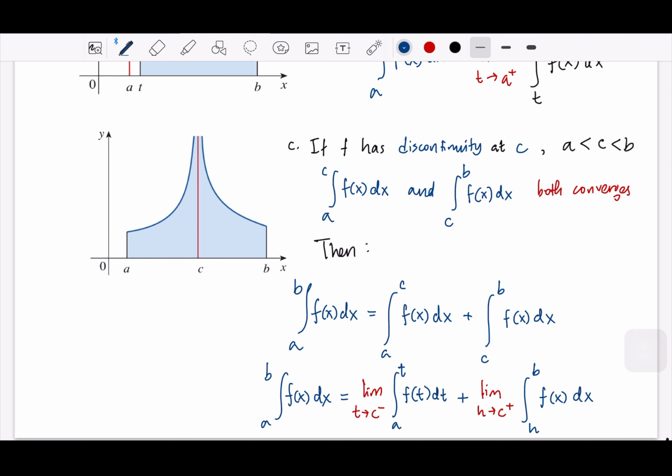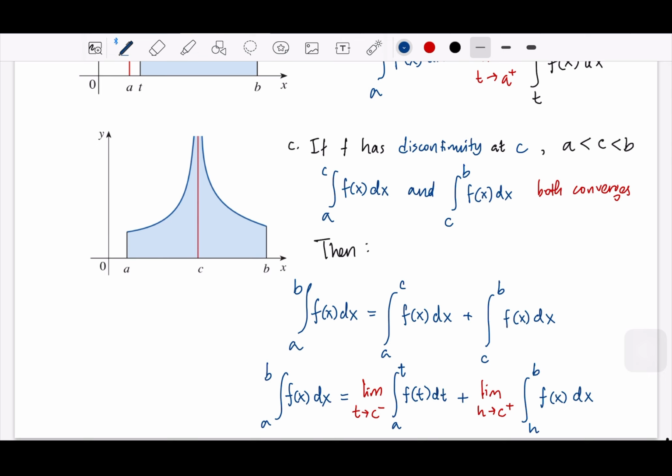Also this can happen. In between, it seems like we have two areas, AC and CB, but at c we see the discontinuity, right? If we just take it exactly as it is, of course it will be impossible to compute the area.